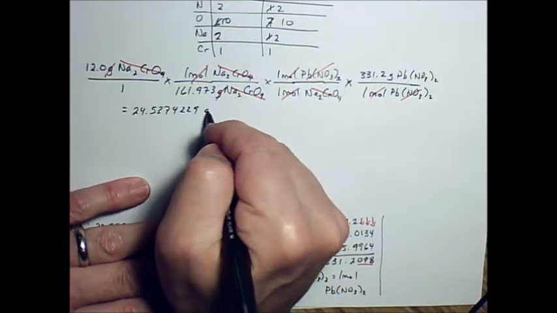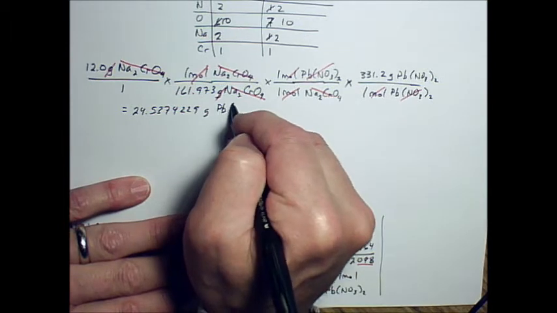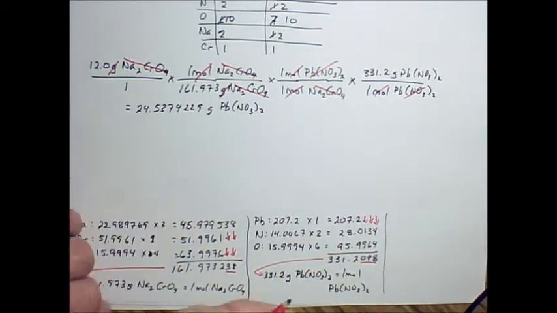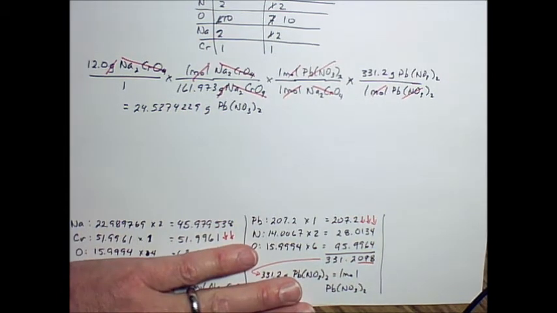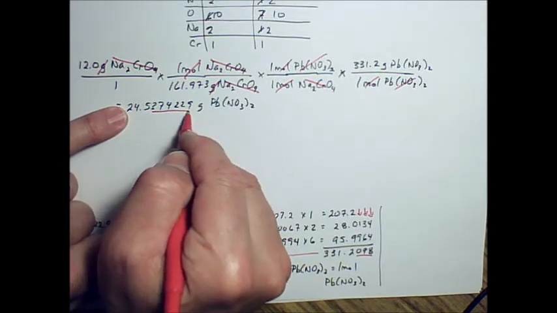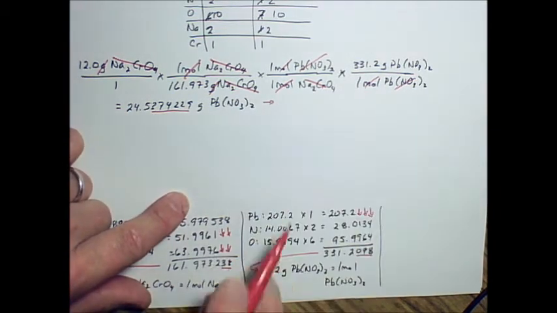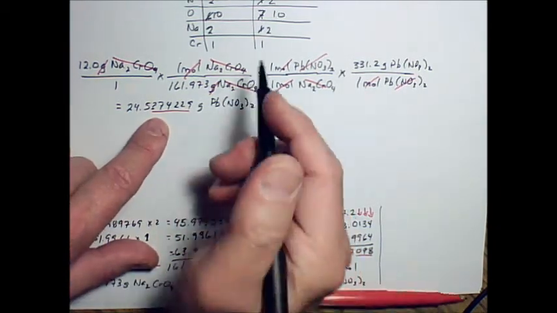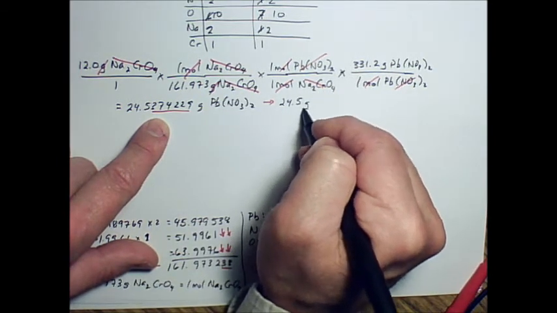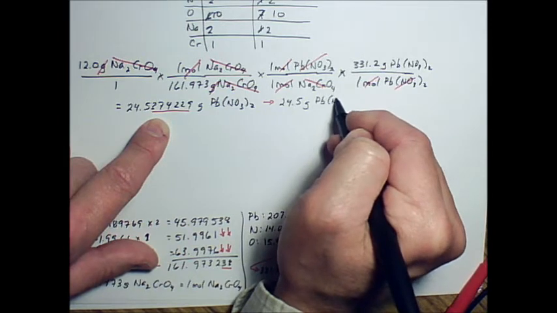Units are grams. Species is lead 2 nitrate. We want to round it off to how many digits? Well, I got 3 here. So that's 24.5 grams of lead 2 nitrate.